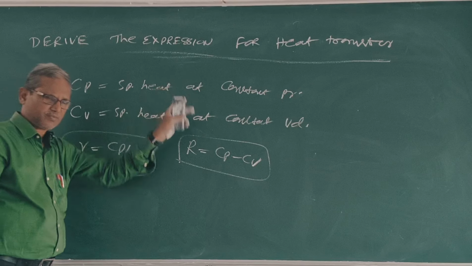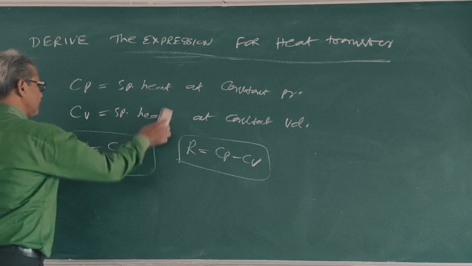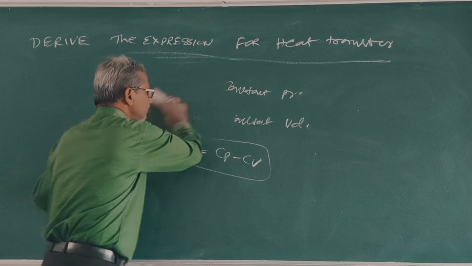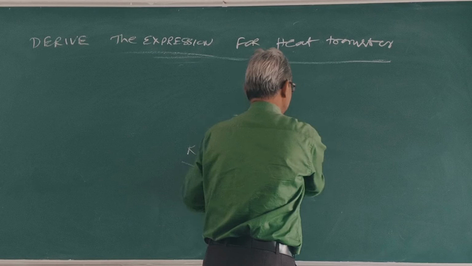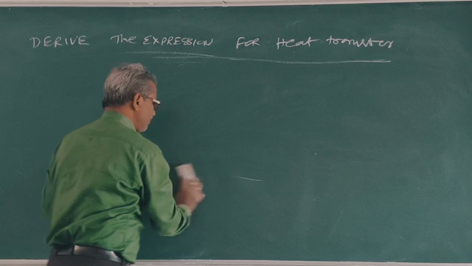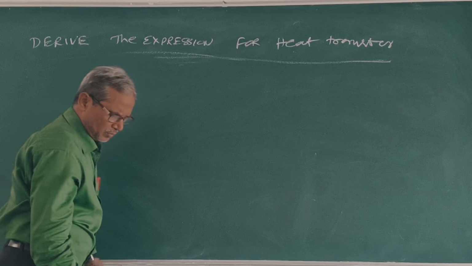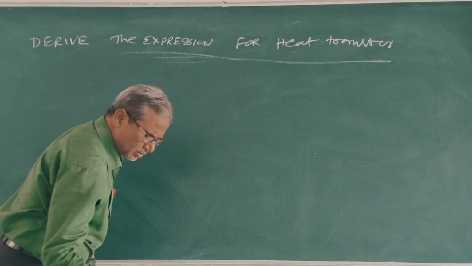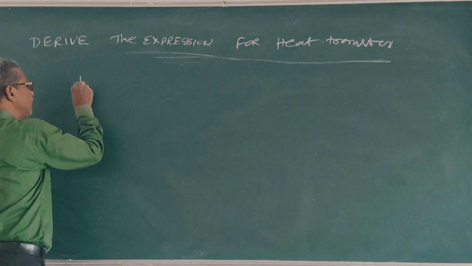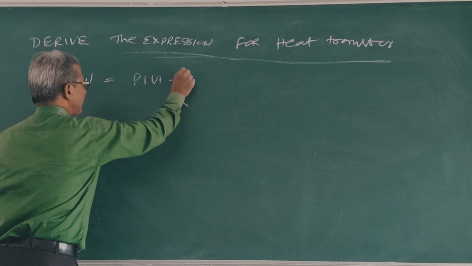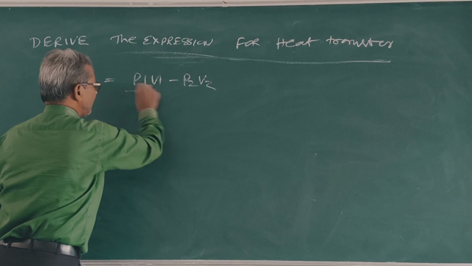Now work done. What is work done for polytropic process? W is equal to (P1 V1 minus P2 V2) by n minus 1.